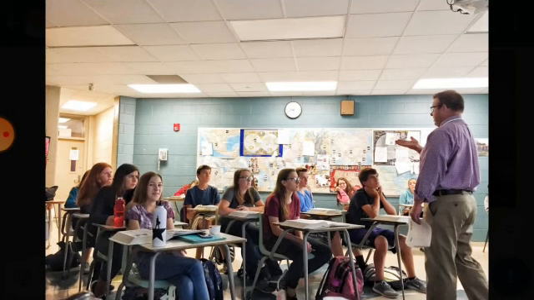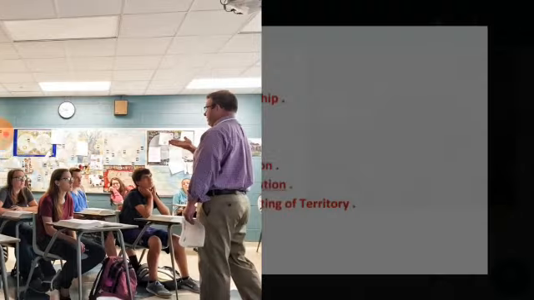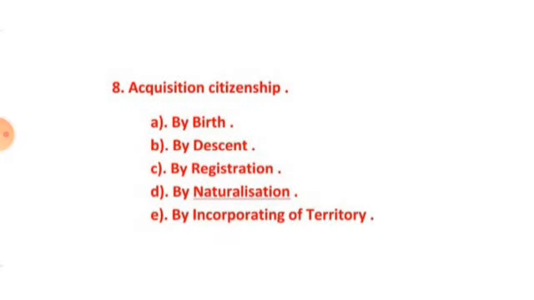Okay, students, next heading: acquisition of citizenship. By birth, by descent, by registration, by naturalization, by incorporation of territory. According to the Citizenship Act 1955, citizenship could be acquired through any of the following methods.